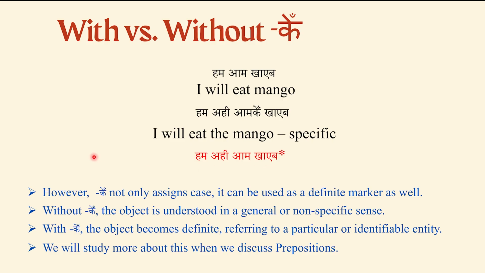So, here ka does not only assign case, it can also be used as a definite marker. Without ka, the object is understood in a general or non-specific sense. With ka, the object becomes definite, referring to a particular or identifiable entity. We will study more about this when we discuss prepositions or postpositions later on.